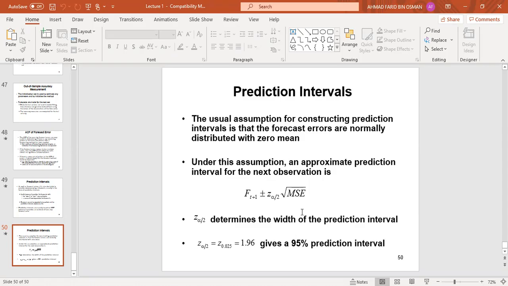To compute a 95% prediction interval, the value of Z is 1.96. So point forecast plus or minus 1.96 times the square root of the mean squared error gives an approximate 95% prediction interval. This is just an approximate value. Later, in the following topics, we will use a more accurate calculation to compute the forecast interval.